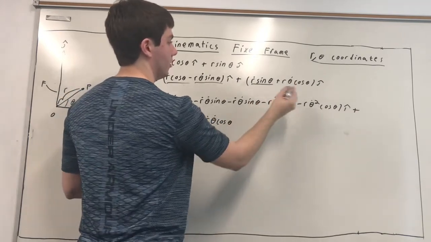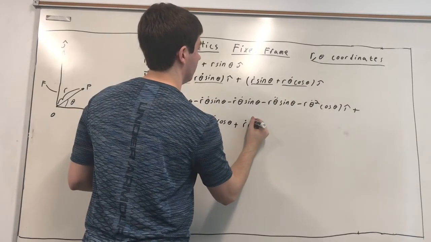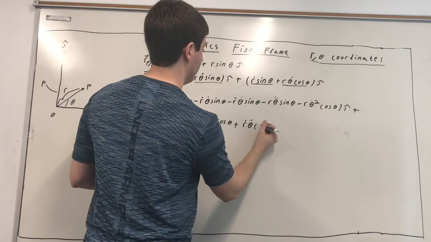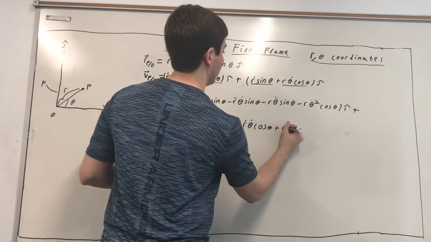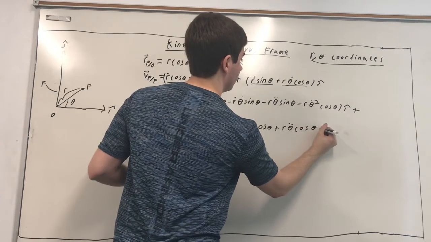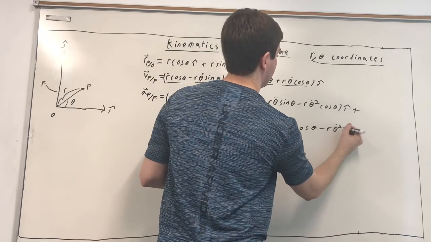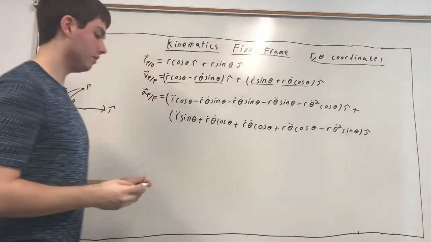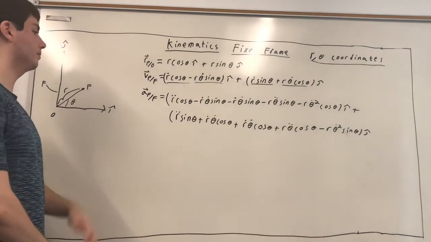Now we'll move on to this part, another product rule, plus r dot theta dot cosine theta plus r theta double dot cosine theta minus r theta dot squared sine theta j hat. So this is the kinematics for the r and theta coordinates for a fixed frame problem.